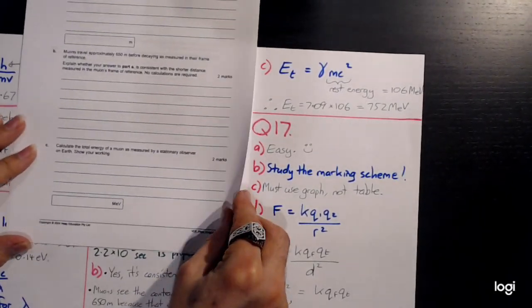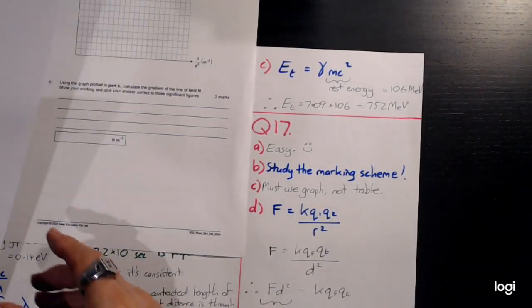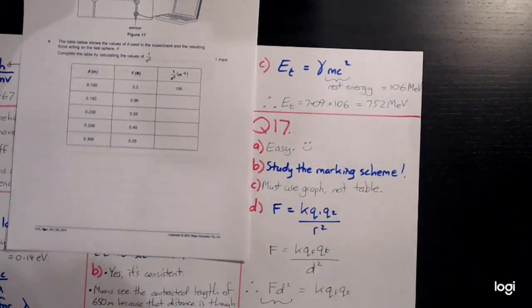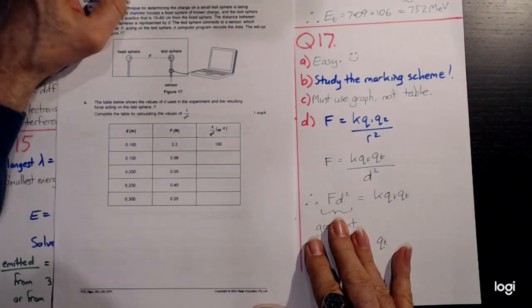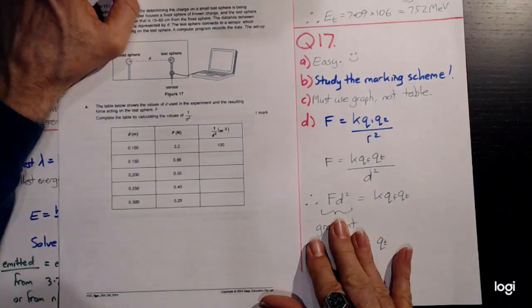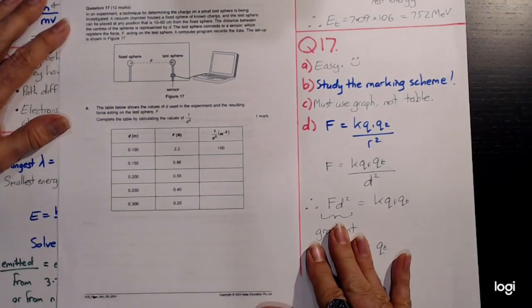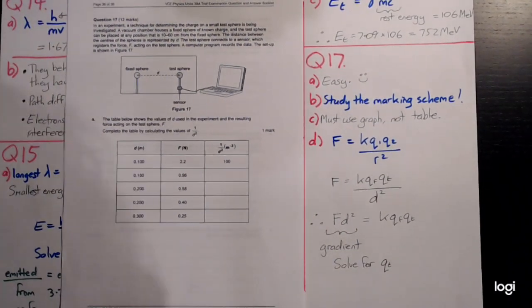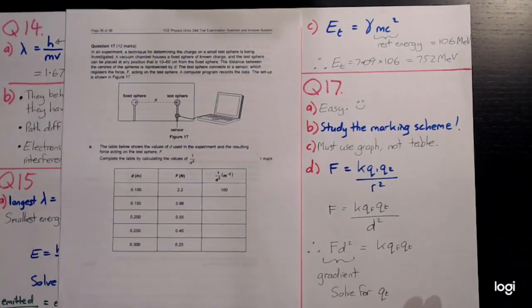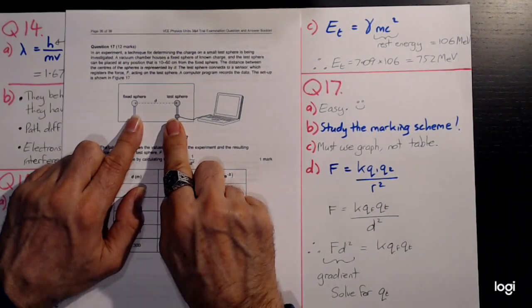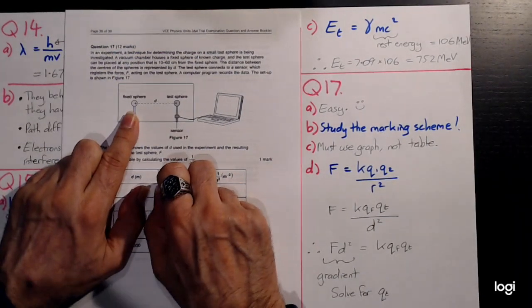All right. Final question, question 17. Here it is. And this isn't too bad at all. All right. In an experiment, a technique for determining the charge of a small test sphere is being investigated. A vacuum chamber houses a fixed sphere of a known charge, that one.